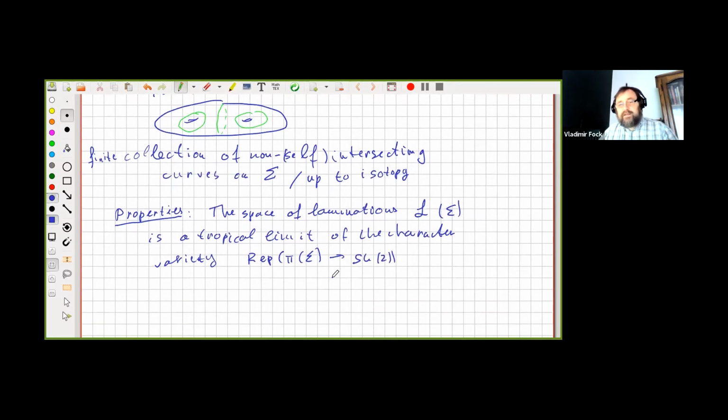What I mean by tropical limit is, for example, that on this space you can have charts. You can represent the representation space as an algebraic variety covered with charts U alpha, with transition functions phi alpha beta, which are algebraic functions, and you can take the tropical limit. These transition functions are subtraction free.